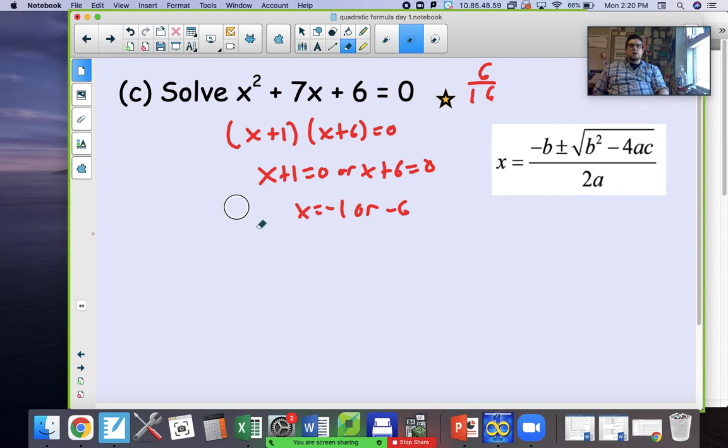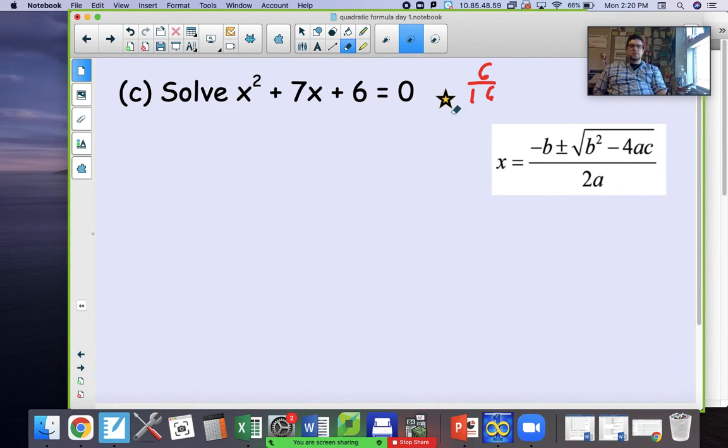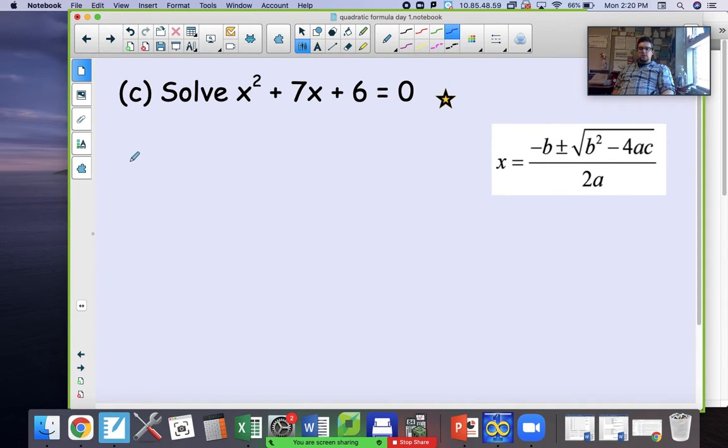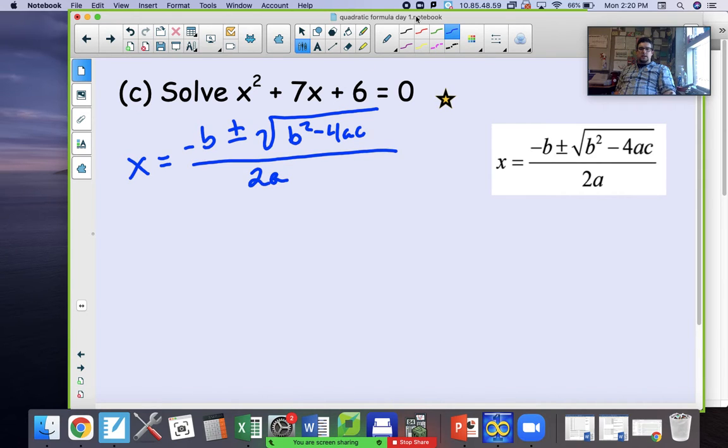But let's say we aren't quite 100% sure with factoring anymore. It's been a while. Or we're not 100% sure if this is factorable. We can use the quadratic formula. So the first thing we're going to do is write down the formula. Negative b plus or minus the square root b squared minus 4ac all over 2a.